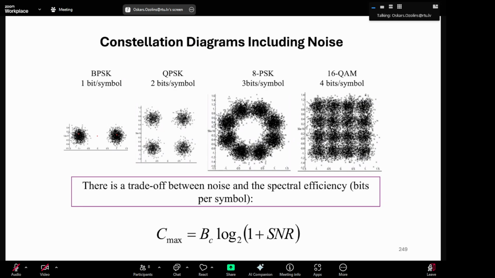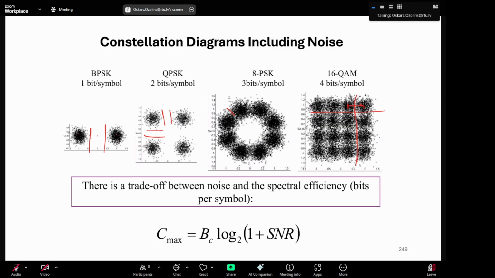But what is important here also, if you go from BPSK to QPSK, 8 PSK, 16 QAM and higher levels, here you have quite a big gap, and here you don't have any gaps, and it requires a quite high signal to noise ratio, so it's difficult to say where all the 16 symbols belong. Either they belong to this side or this side.